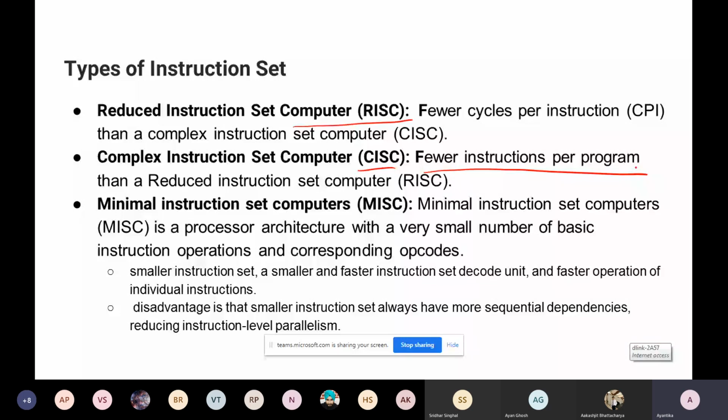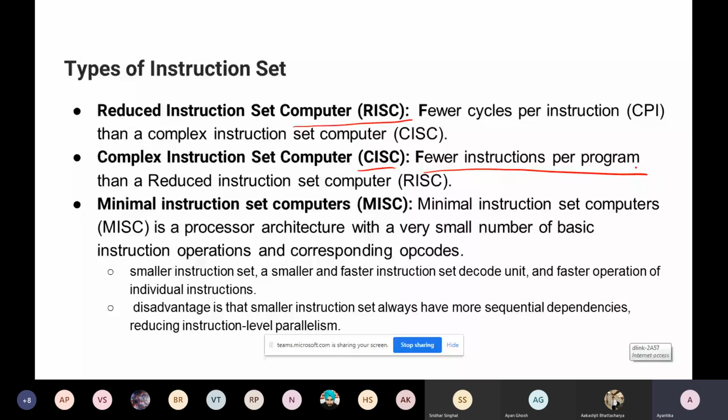What does it mean? We are trying to write the same specification for one RISC processor and one CISC processor. So the number of instructions I need in the case of CISC, for the same program, is fewer compared to RISC. Why?